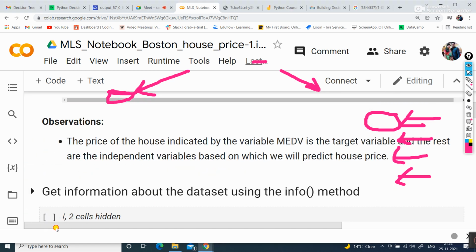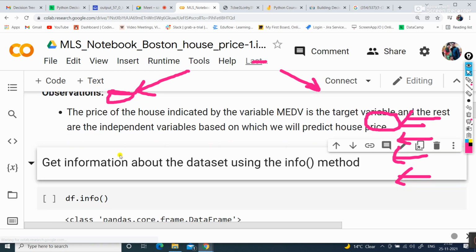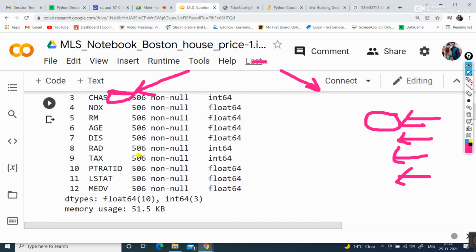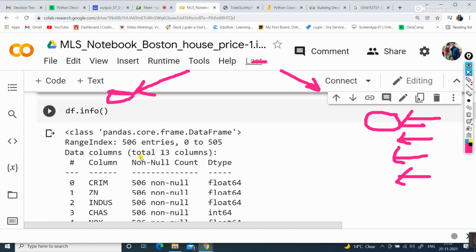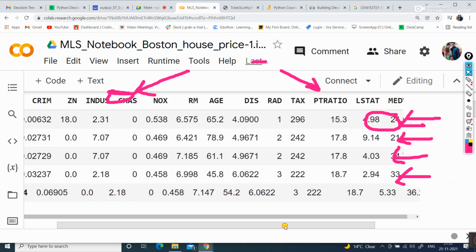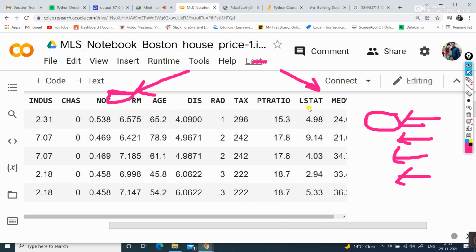We are having 506 entries, so it will do the same thing on these. Once all the rows and columns are split on the basis of LSTAT, these rows hold all the same values.